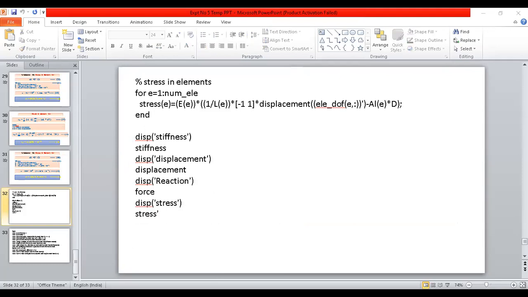Okay, now just put this program in our MATLAB and run for given conditions. So here I have already written this program in MATLAB.